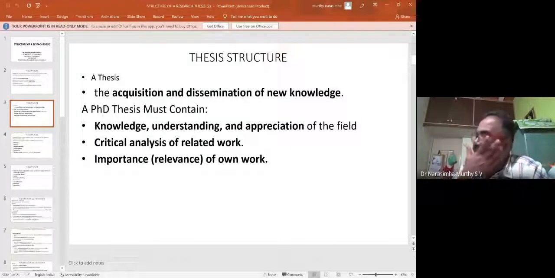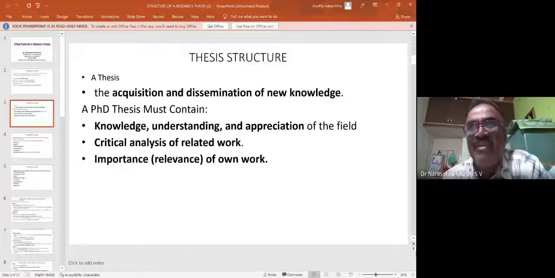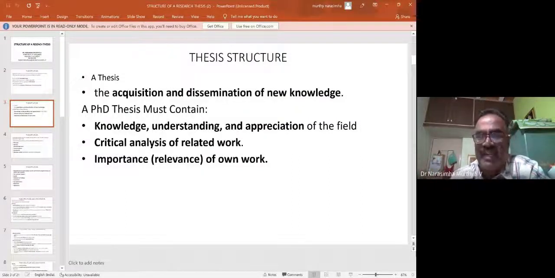The moment you say you are writing a thesis, you are acquiring and disseminating new knowledge in that area of study. Therefore, a PhD thesis must contain these 3 things very significantly.